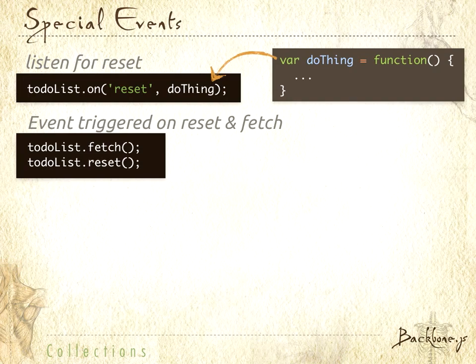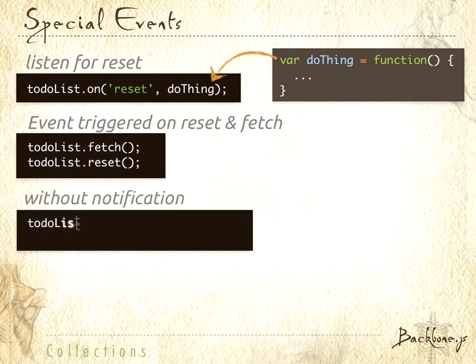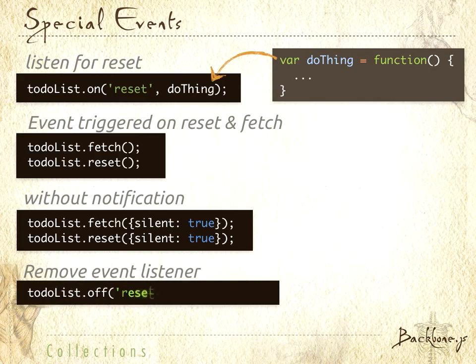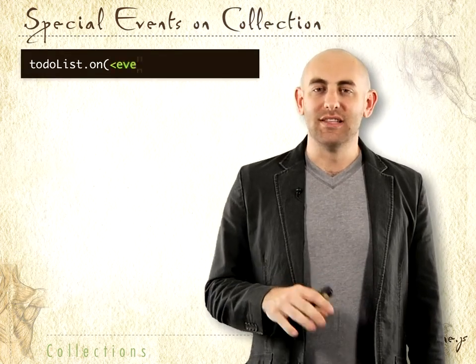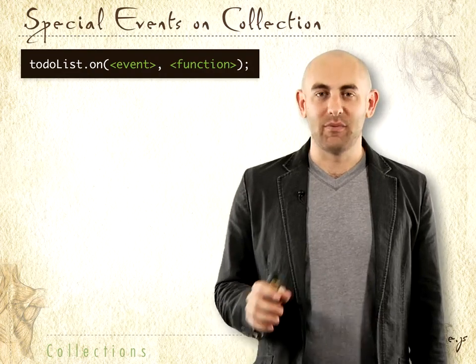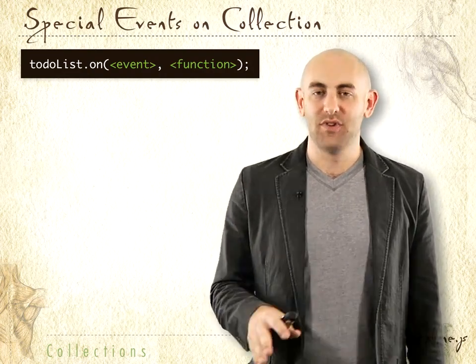If we don't want the event to be triggered, we can pass in silent true to fetch and reset, and that won't trigger the reset event. We can also remove the event listener with off. Just like on model instances, we can listen to an event on the collection by passing in the event name followed by the function that we want to be called when the event is triggered.